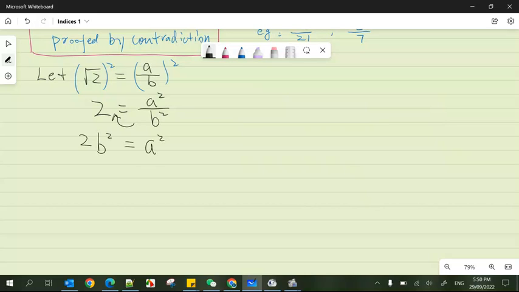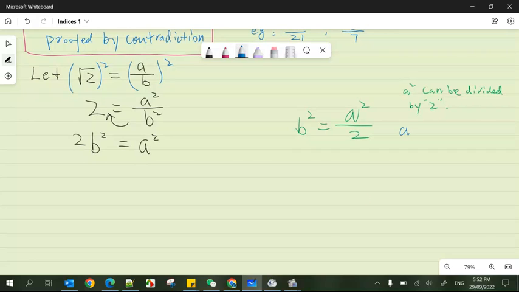In this case, we can see a squared can be divided by 2. That means a squared is an even number, because anything that can be divided by 2, for example 8 or 10, equals 4 and 5, is even.